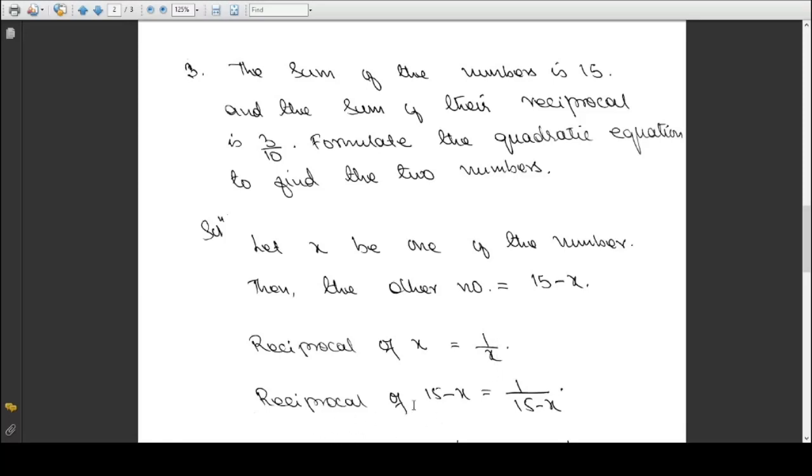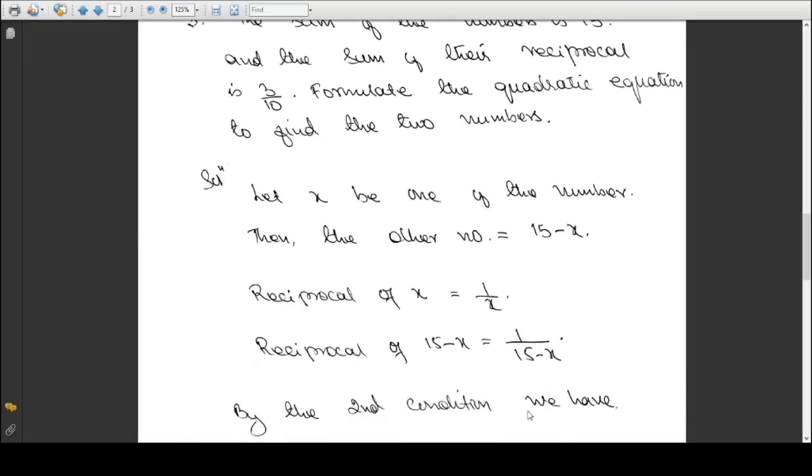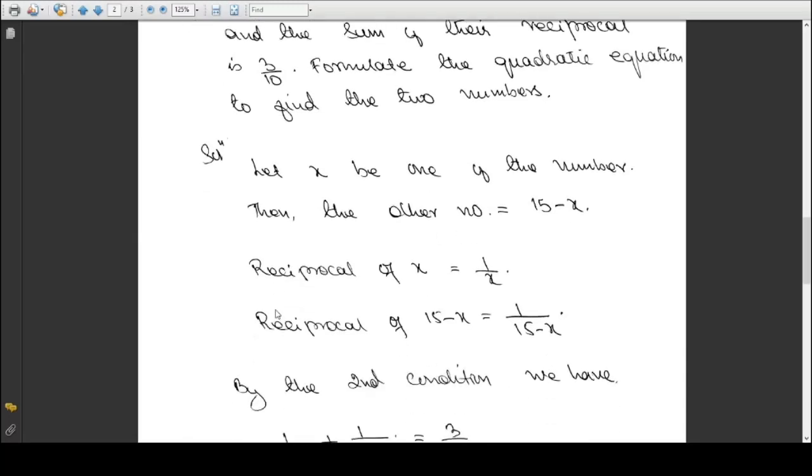The reciprocal of 15 minus x will be 1 over 15 minus x. You just interchange the places, 1 goes to the numerator, 15 minus x to the denominator. These are the reciprocal of the first number, and the reciprocal of the second number.